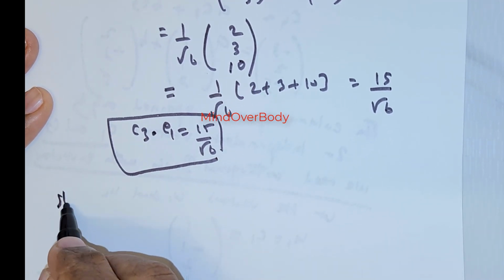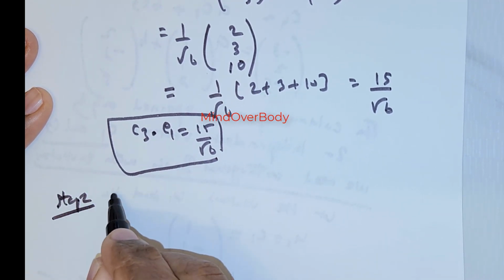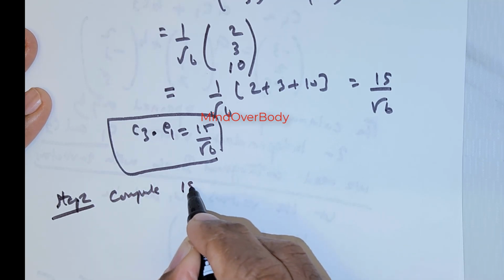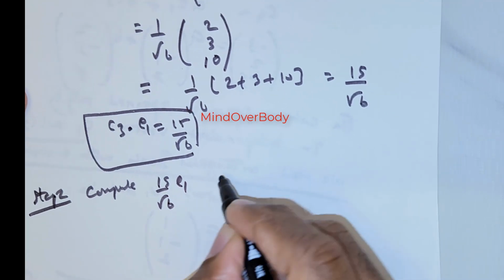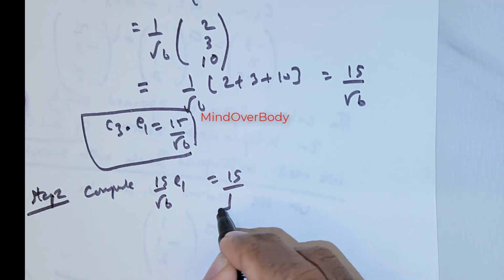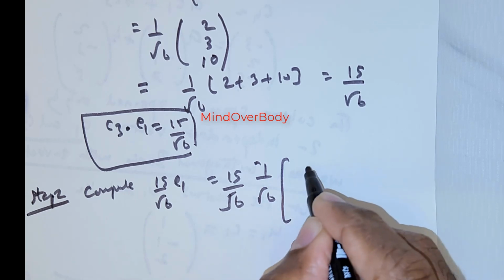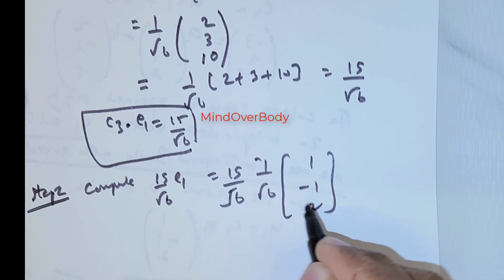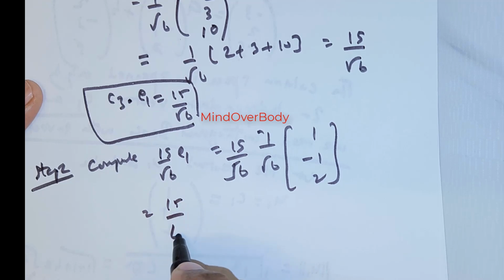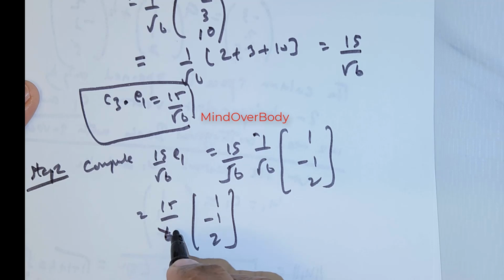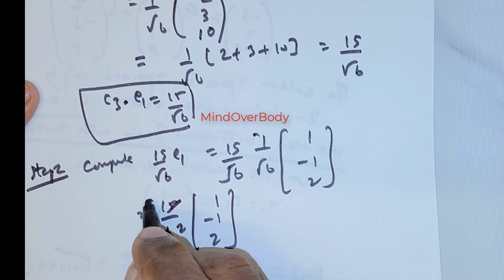Step 2, we compute 15 over root of 6 times E1. E1 is 1 over root 6 of 1, negative 1 and 2. So it's going to be 15 over 6 times 1, negative 1 and 2. 3 divides here, 2 times 3 divides here, 5 times.